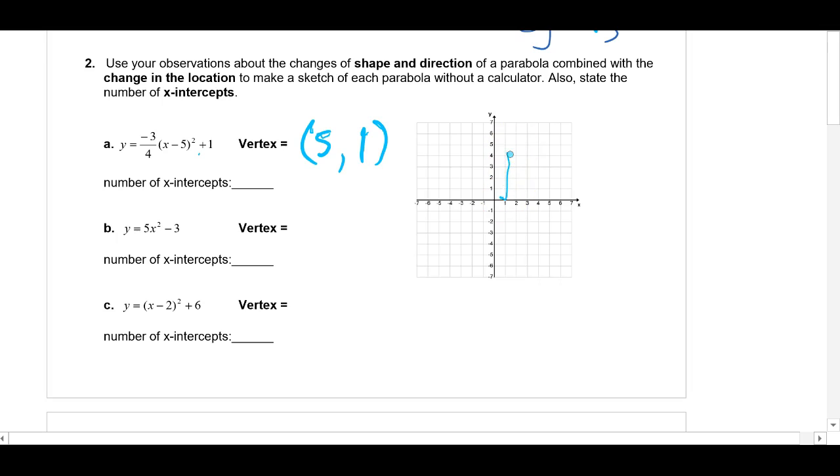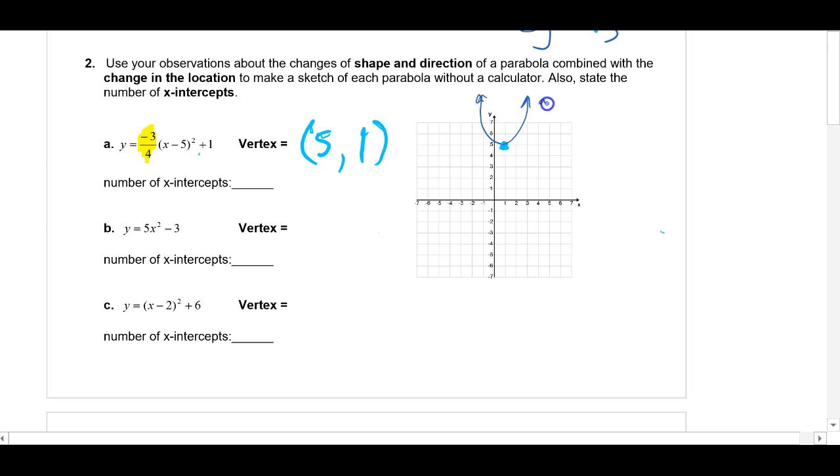5. Oops, sorry. And there it goes. And this graph, looking at the a value, -3/4, if it's negative, that means we're going up. So then the graph simply points up.